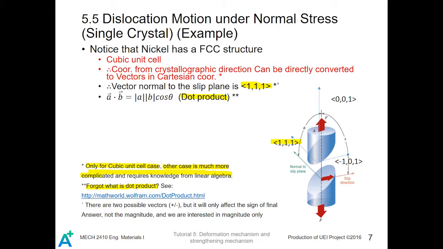We are only interested in the magnitude in these kinds of questions. We basically just directly convert all the crystallographic directions into vectors in Cartesian coordinates, and that's why 1 1 1, 0 0 1, and -1 0 1 are written here in this picture.